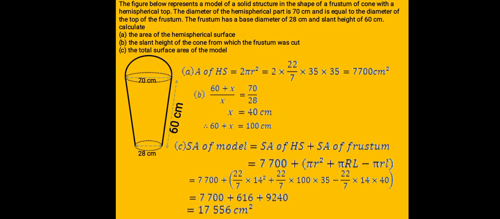Now, the last part I've been told to find is the surface area of the model. We shall take the area of the hemispherical part, the surface area of the slanting part of the frustum, and also the surface area of the base.